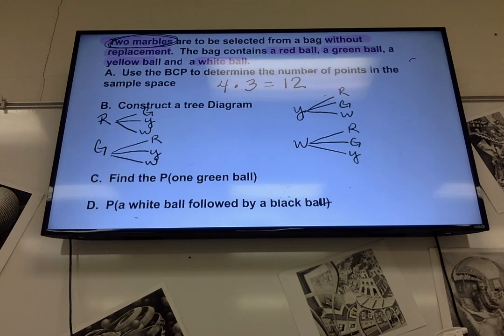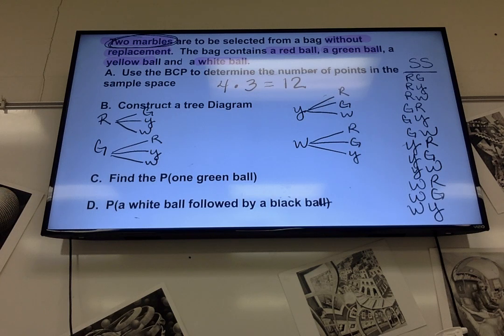So I am going to list over here the sample space, which just means all the possibilities. So we can have red and green, red and yellow, red and white, green and red, green and yellow, green and white, yellow and red, yellow and green, yellow and white, white and red, white and green, white and yellow.